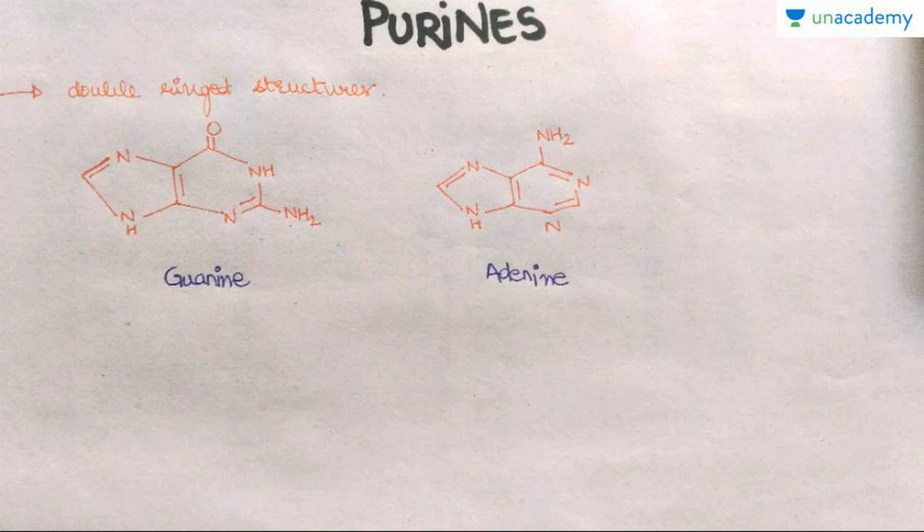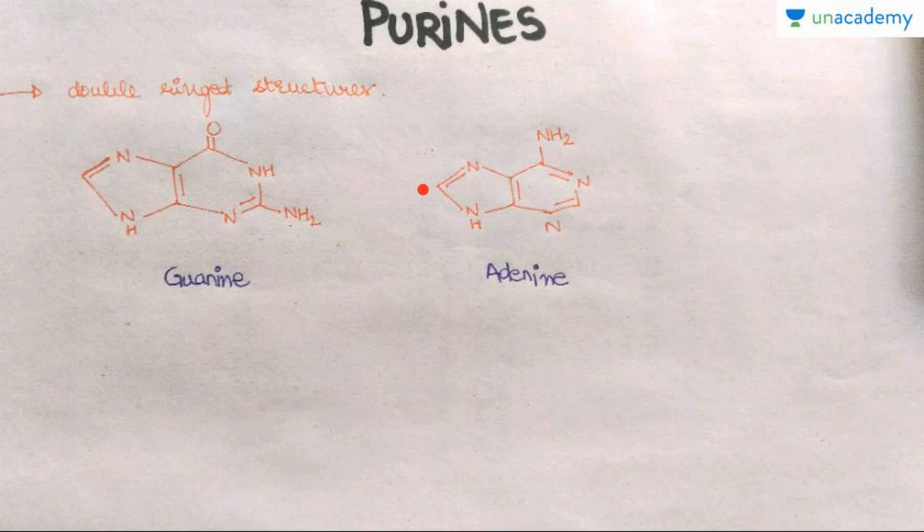A simple point to remember is that purines are double-ringed structures. As you can see here, we've got guanine and adenine, one ring, two ring, one ring, two ring, and these look similar to each other, so we'll be calling these purines. Because they've got nitrogen in them, they're also termed as nitrogenous bases.